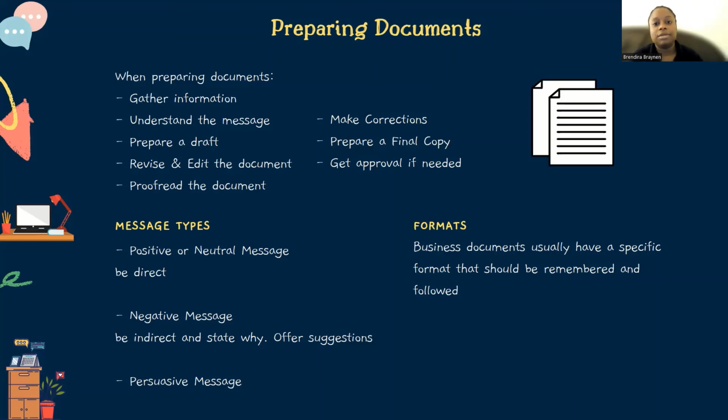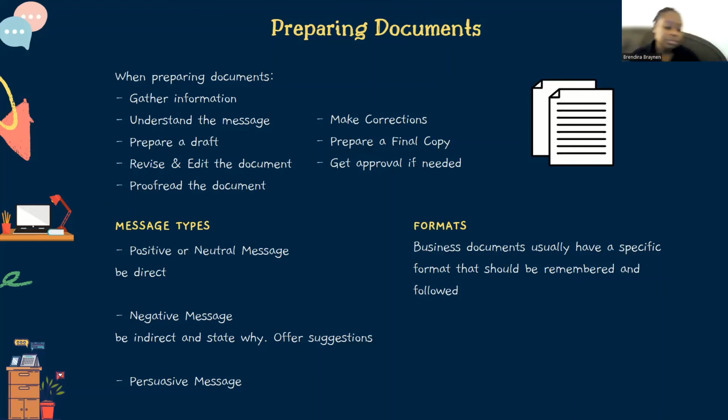Those are the tips when it comes to writing negative messages from a business standpoint, because you want to make sure that the company has some goodwill, which means that even though it's a negative message, you don't want whoever's receiving it to hate the company. You want to try to do it in a way that makes them feel okay, or that it's easier to get over the negative message.